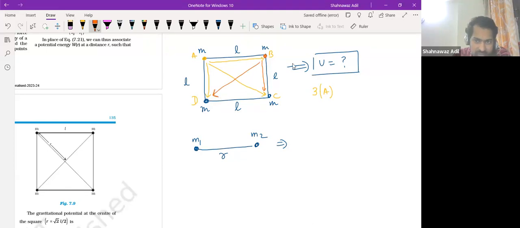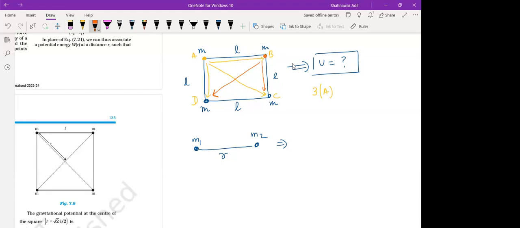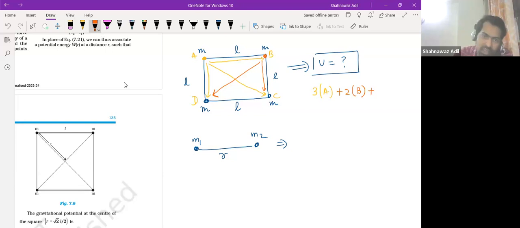So there would be two interactions from B. And for C, we have counted these, and this one we have not counted, so at C we will have one interaction. So we will have potential energy contributions due to 3, 2 and 1, 6 contributions.